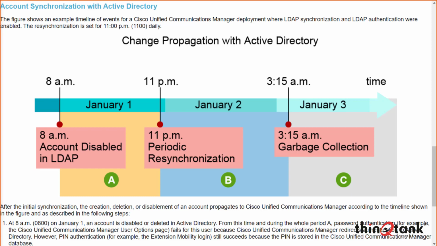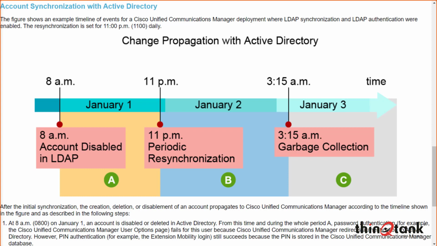That periodic resynchronization is scheduled for 11 p.m. on January 1st. Call Manager verifies all the accounts. Any account that was disabled or deleted from Active Directory is tagged in Call Manager as inactive. So after 11 p.m., once that account gets marked inactive, the PIN and the password authentication fail, both for extension mobility as well as LDAP integration.